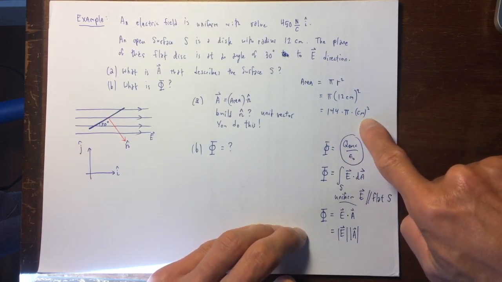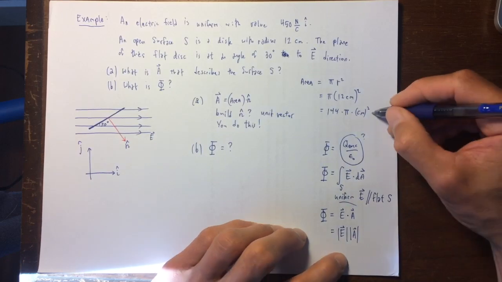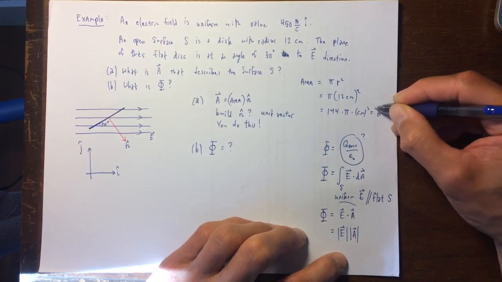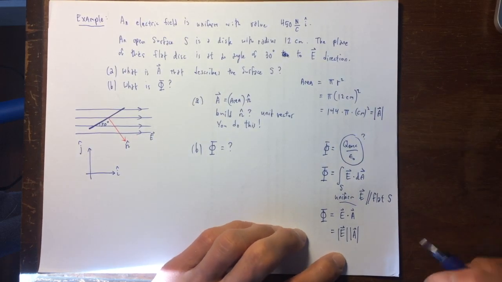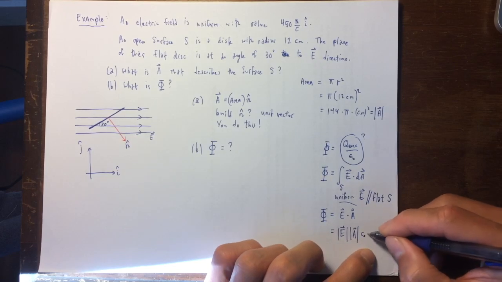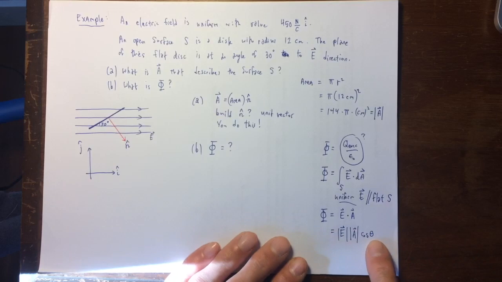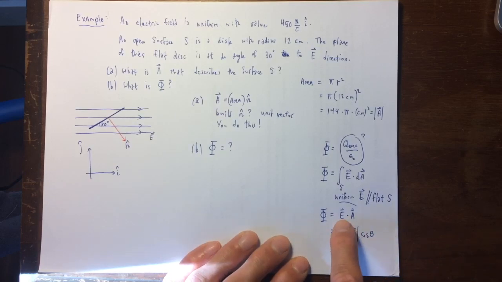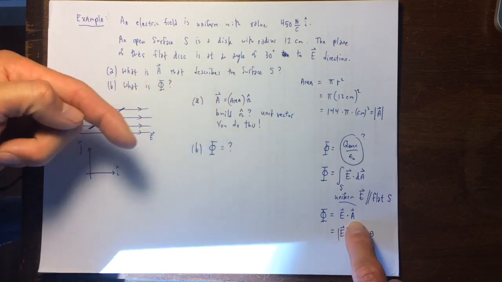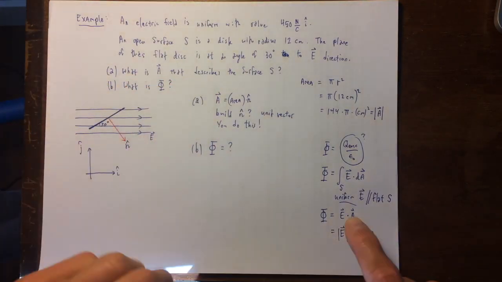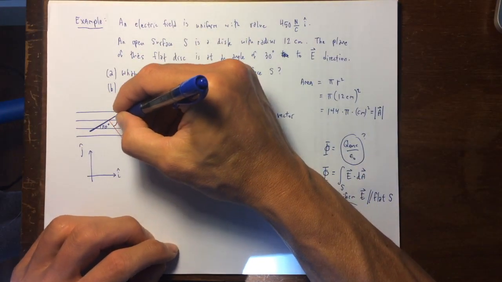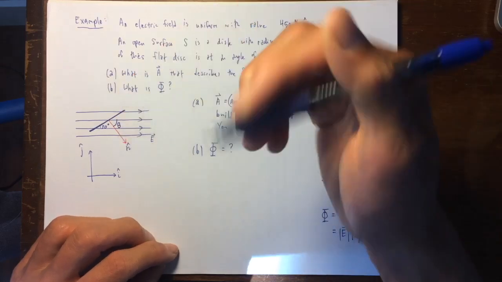This is also known as the magnitude of the area vector. Then I have to multiply by the cosine of the angle theta, where theta is the angle between the directions of E and A. E is this way and A is this way, so this right here is the angle theta.